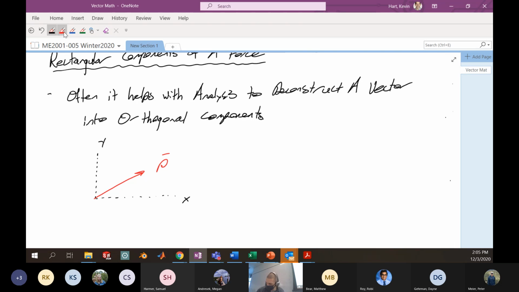And you can resolve this force P into components that are along the X direction and along the Y direction. So you might think about resolving this into something like Px and Py. Okay? In this situation, since we learned about vector addition yesterday, you could then say that the vector P is a combination of Px plus Py.